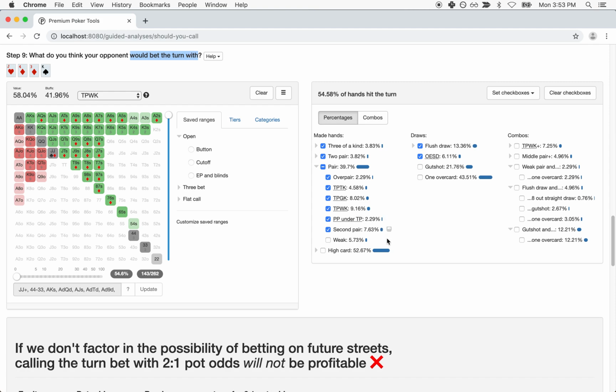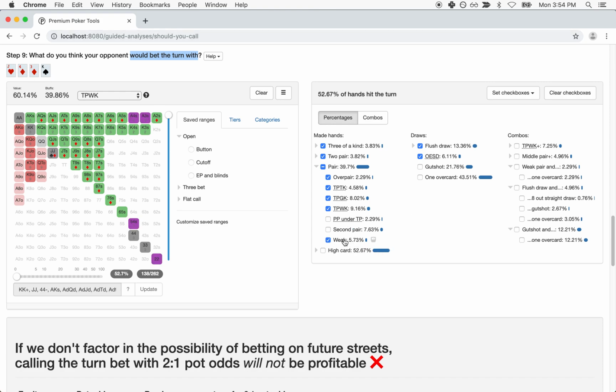When they bet the turn for full pot, I'm going to assume that with their jacks, they're going to try to get to showdown. With their queens, they're going to try to get to showdown. With any of their kings, like if they bluff the flop and catch a king, I'm going to assume they want to bet that for value. Same with anything stronger, especially with the draws possible.